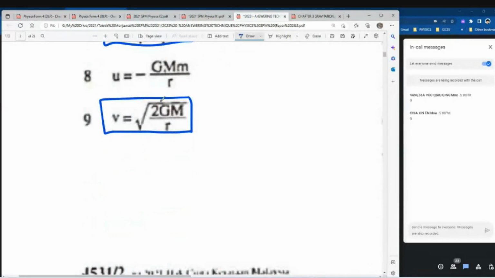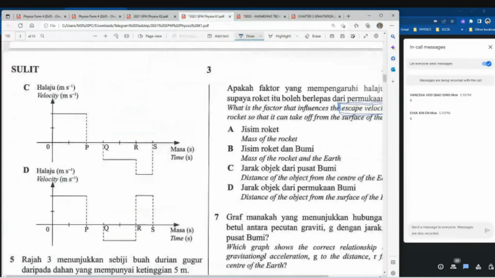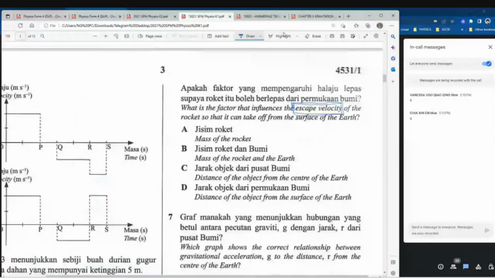So this is the one, escape velocity, the square root of 2GM over r. Based on the formula, we have escape velocity equal to the square root of 2GM over r. When you go back to the formula, the M given here is a capital M. Now we have two masses here, the mass of the rocket and the Earth.